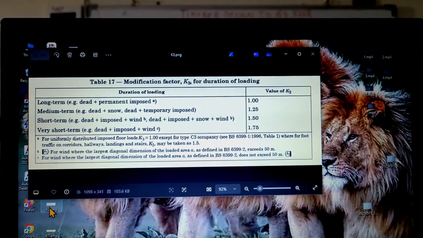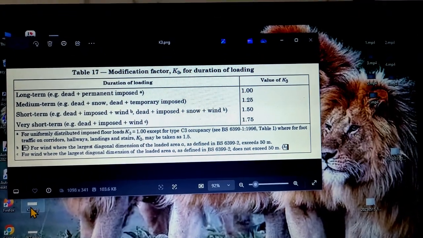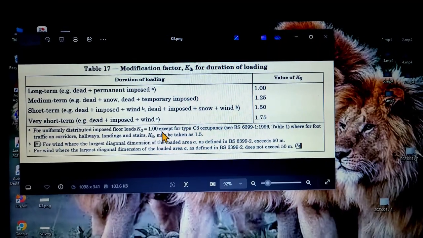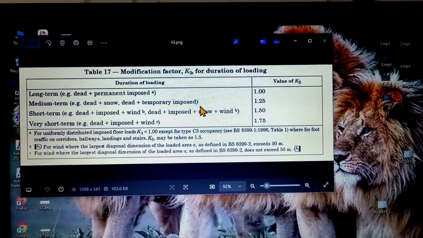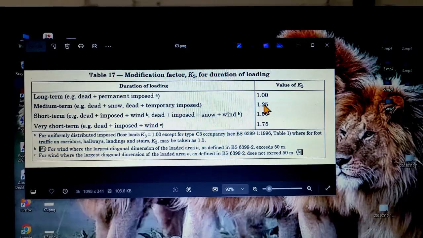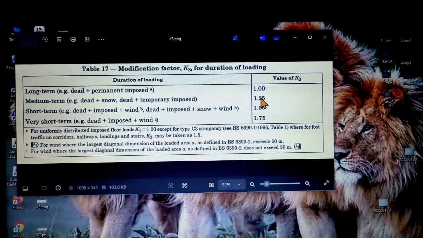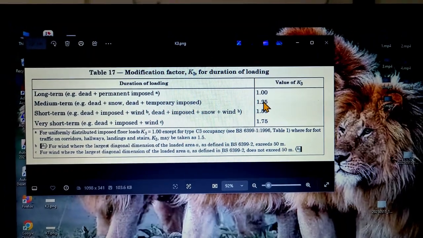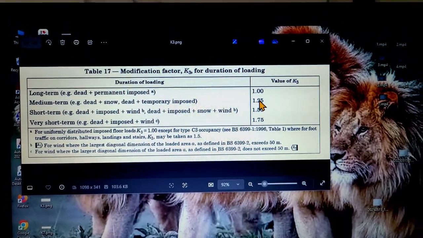As you can see, for the medium term, we have 1.25. So the value is 1.25.